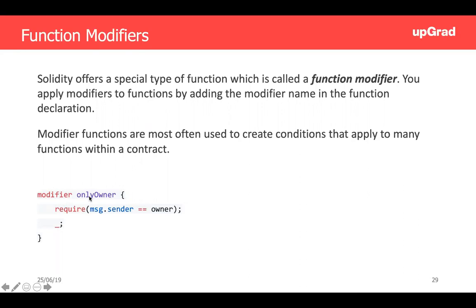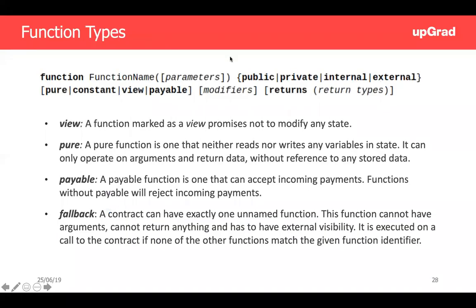The reason we have modifiers is you include them as part of your function definitions to control the access or something else that you want to control inside of the functions. For example, this is a modifier called only owner. Now, as part of my function definition, if I were to define a function called Akash with some parameters, which is an external function and a view function, and then in the modifier I say only owner, that means this particular external function can only be accessed by the owner.